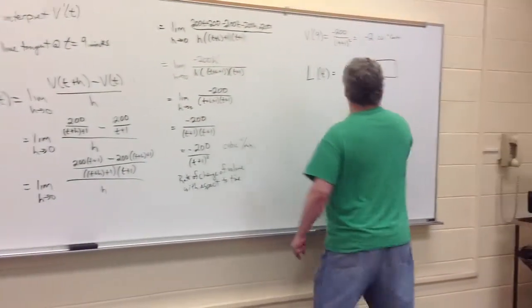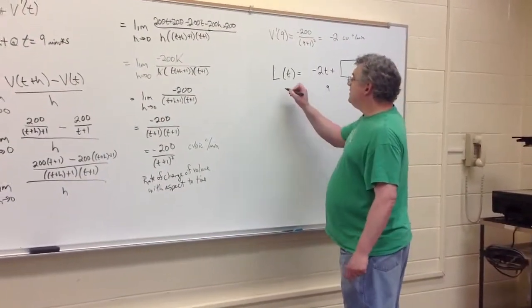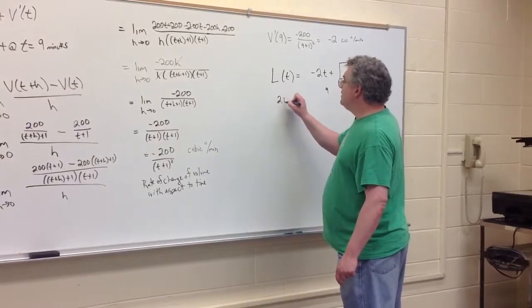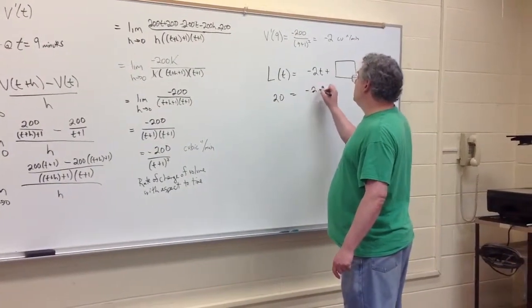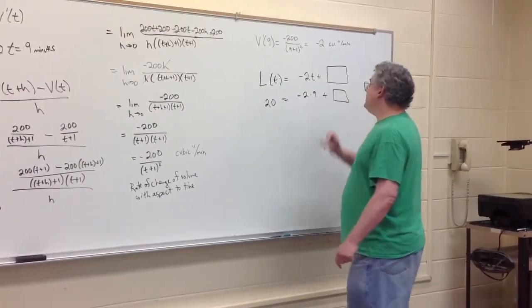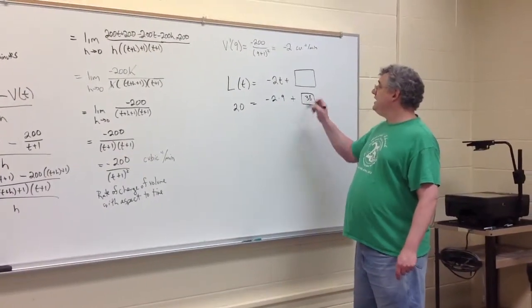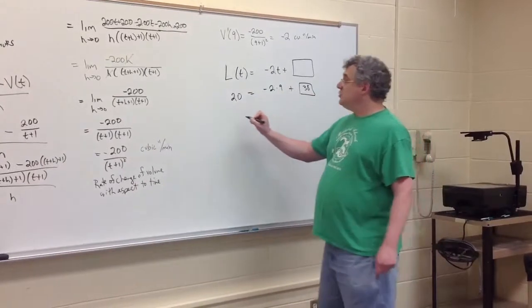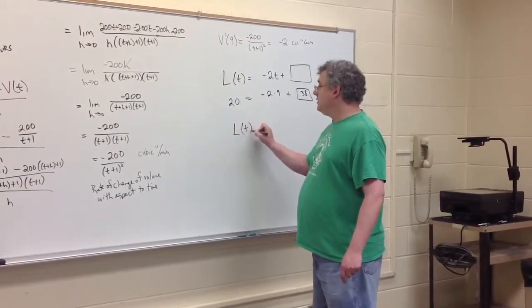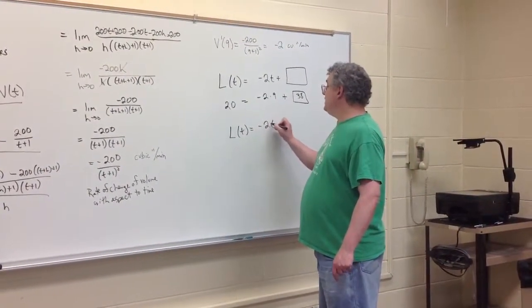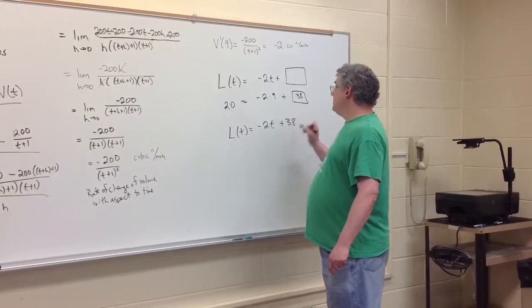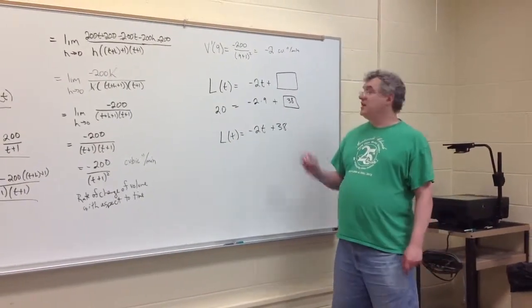So in other words, when t is 9, the whole total amount is 20. So this better balance out. Do a little algebra here. This is 38. That's the only number that's going to make this work. So my tangent line is minus 2t plus 38. And there you have it.